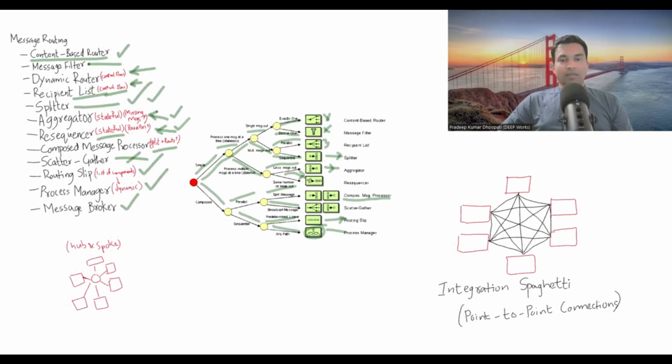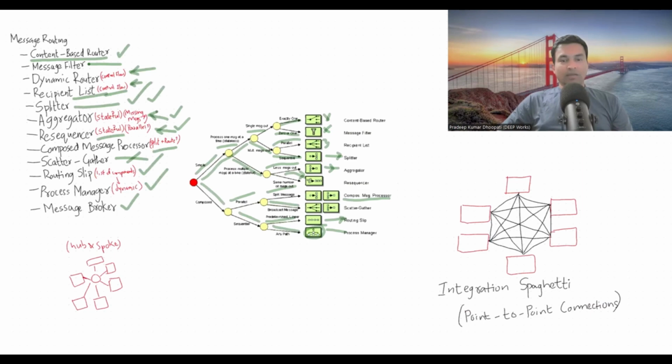If you get a bulk message with multiple individual messages, then splitter is a message routing pattern which will be useful to split all the individual messages and send it to the downstream consumers.